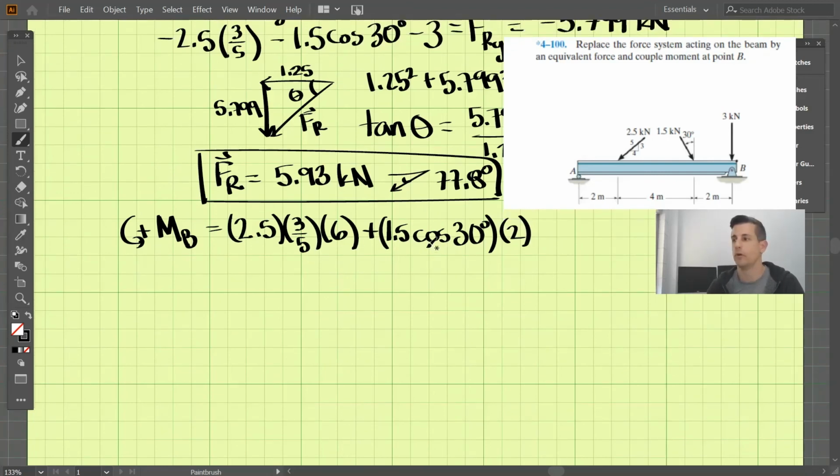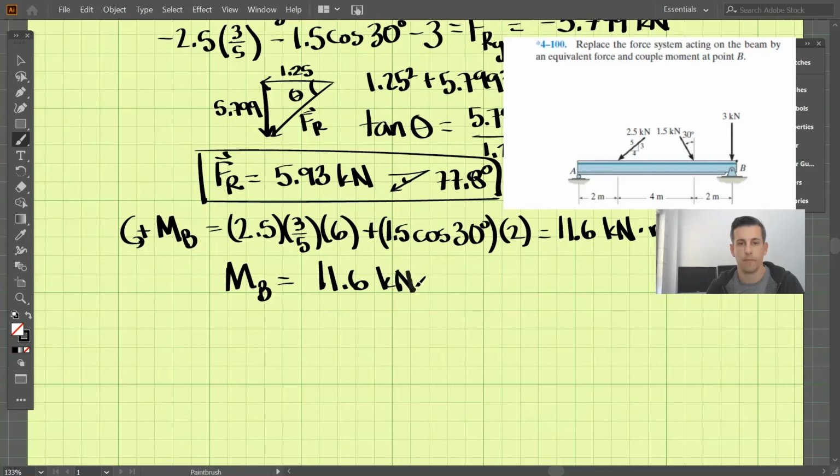We do that multiplication, and that's 11.6 kilonewton meters. So the equivalent moment around B is 11.6 kilonewton meters, counterclockwise. That's the second part.